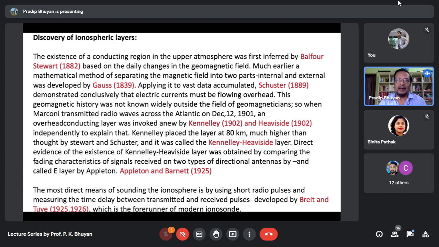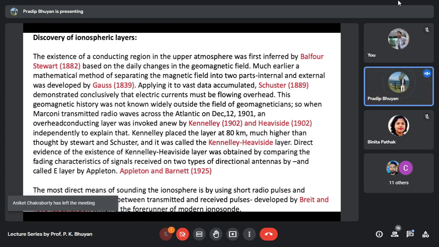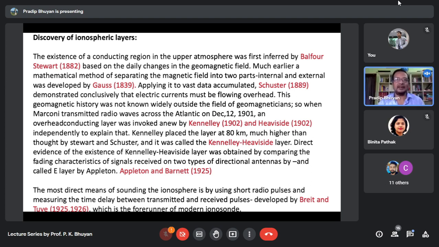Why E? Because they thought that there may be some other layers also below E, so you may have A, B, C, D kind of. So they thought that let us put a middle kind of letter here, so that if there are layers above, then you can go F, N, Z, etc. And if there are layers below, then you can have C, D, etc. So that was the idea why it was called the E layer.